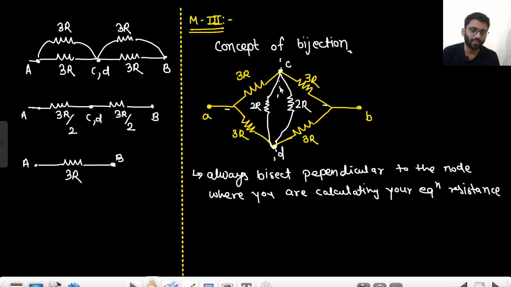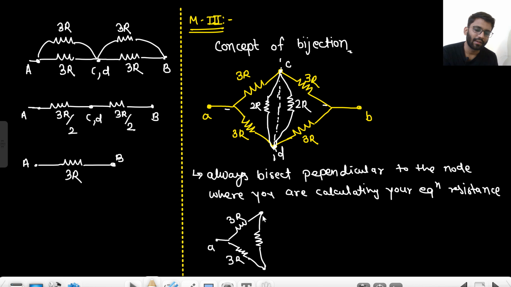Now I will bisect it from in between like this, perpendicular to the nodes where we are calculating the output resistance. A and B are the nodes, so I am bisecting perpendicularly. So what will be my equivalent circuit now? This is A, this is C, and here I have D. This is 3R, this is 3R, and here I have 2R.